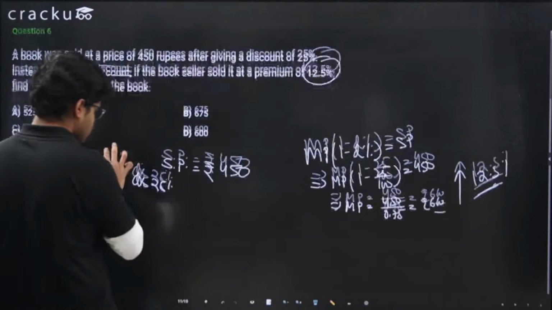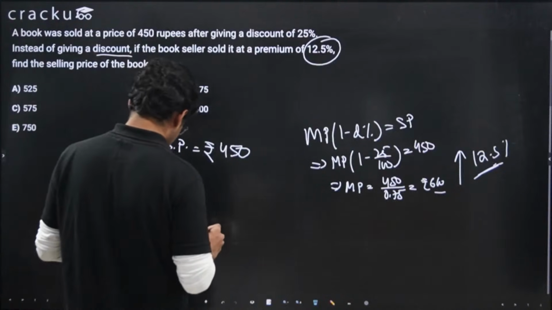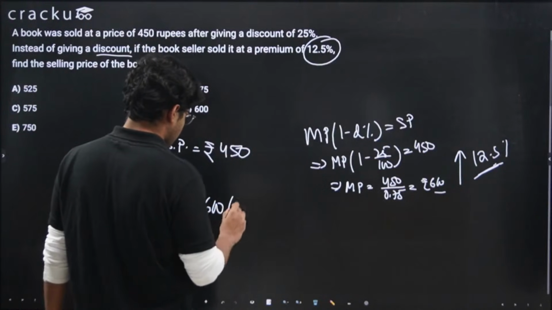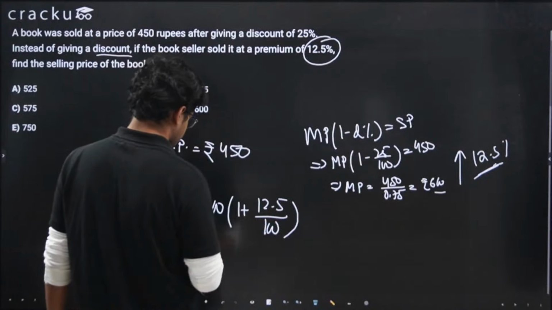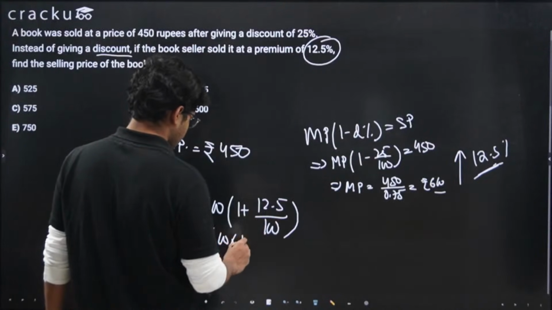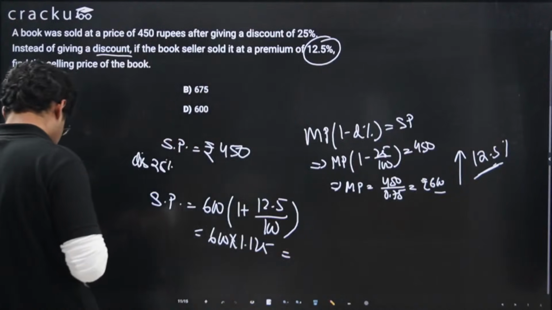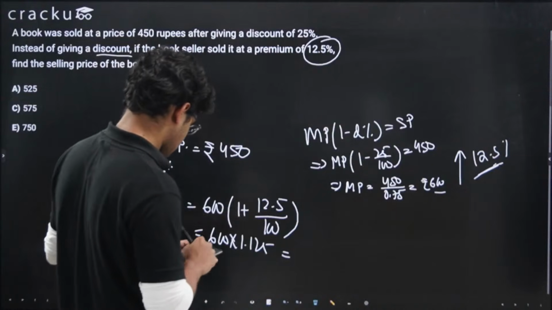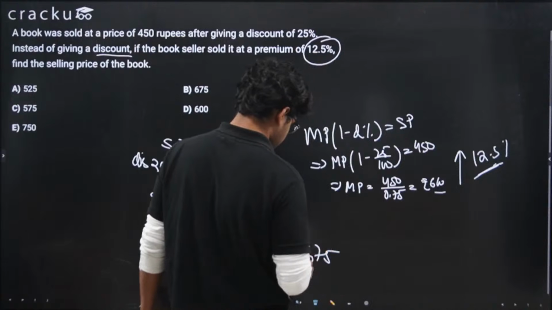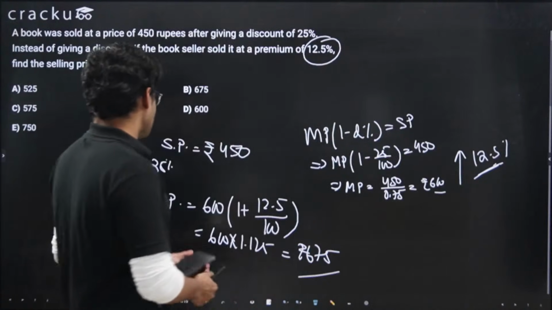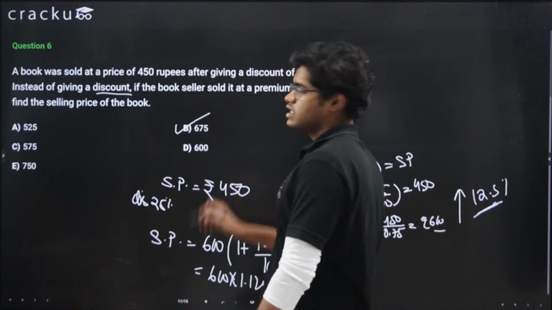The marked price is 600, so it would be 600 into 1 plus 12.5 by 100, which is 600 into 1.125, which is nothing but 675. So the selling price is rupees 675. So option B is the correct answer.